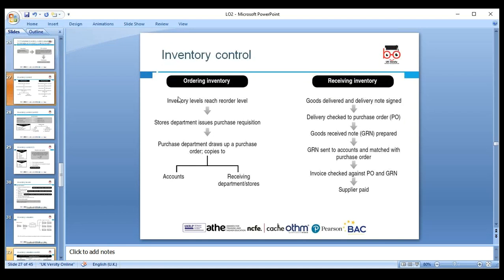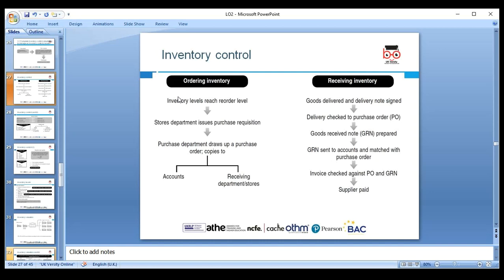So ordering inventory: when we order inventory, we need to make sure we properly process it. Goods delivered, delivery notes, then check against the purchase order that was placed.